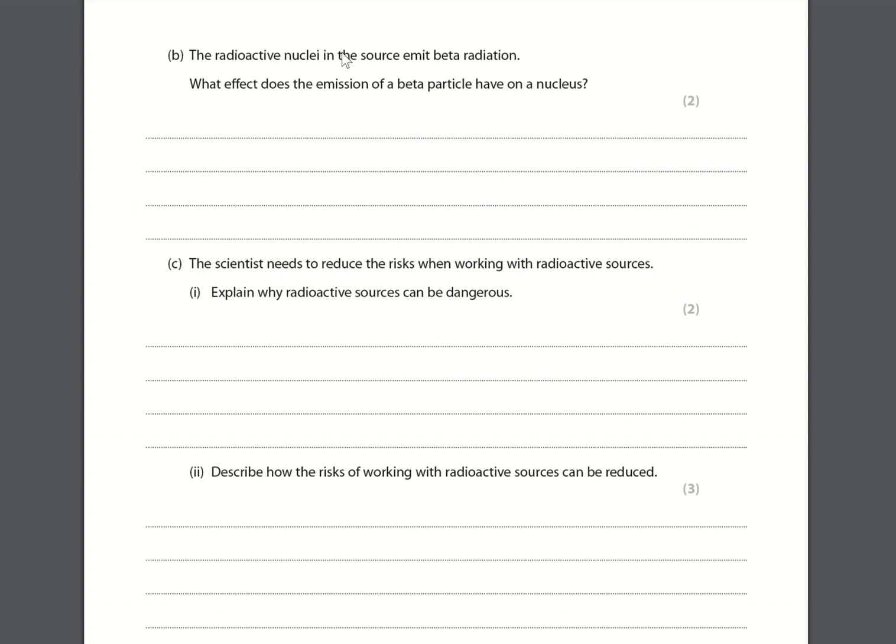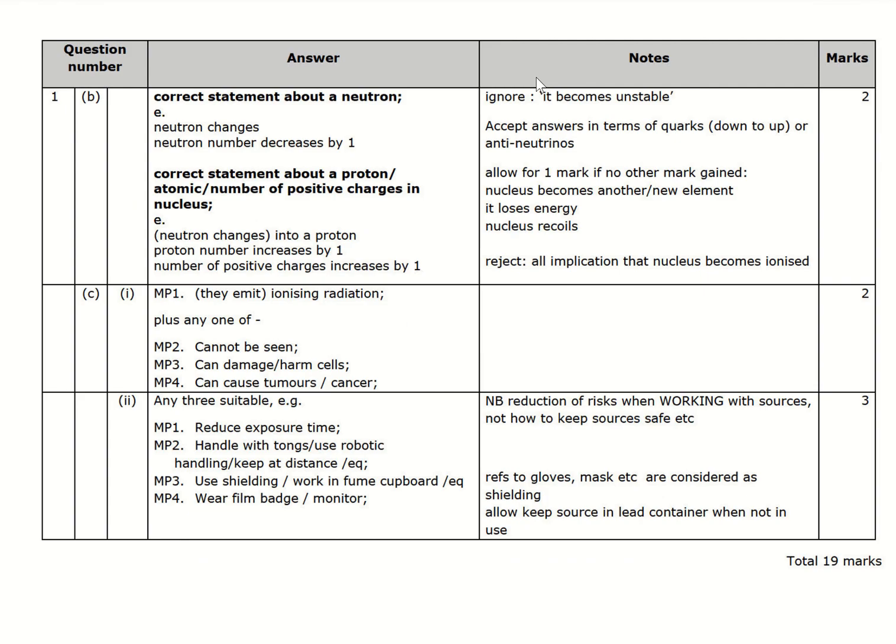The radioactive nuclei in the source emit beta radiation. What effect does the emission of a beta particle have on a nucleus? A neutron becomes a proton plus an electron, so it decreases the number of neutrons but increases the atomic number, and the nucleon number, the mass number, stays the same.